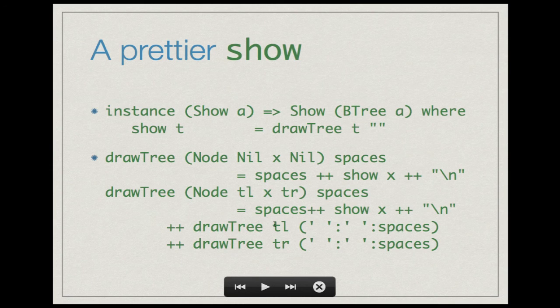Remember that we always add this many spaces before displaying the current subtree, plus you append that with drawTree of TL, but when you draw the left subtree you have to add two more spaces, which you do by adding two spaces to the beginning of this list, and then you concatenate that with drawTree of TR, which is the right subtree, again adding two more spaces in the beginning of laying out the right subtree.